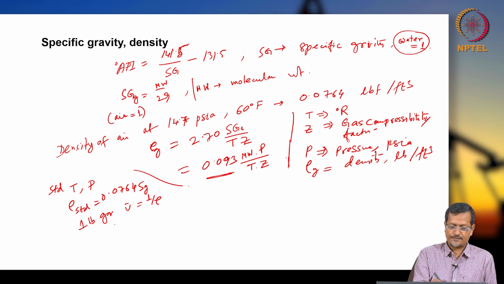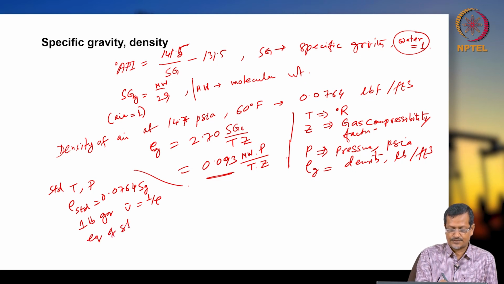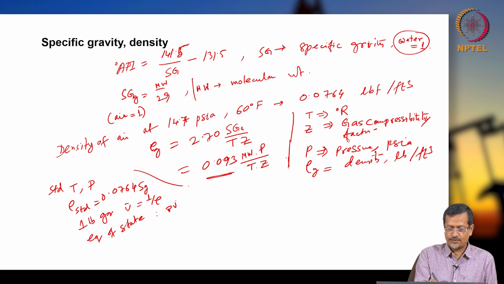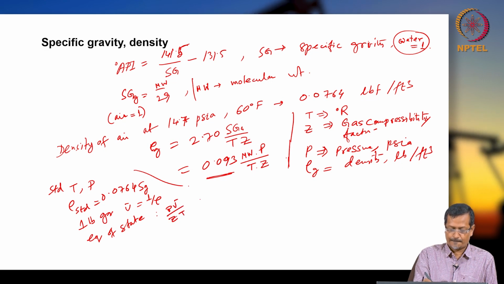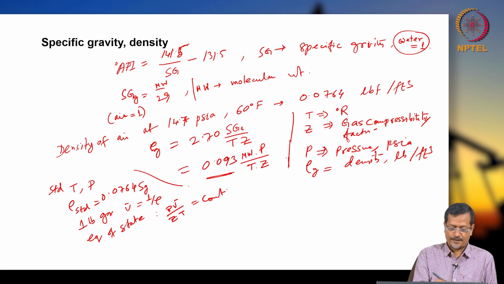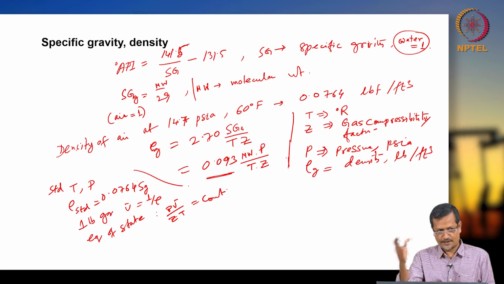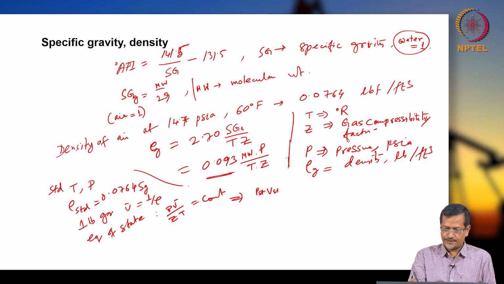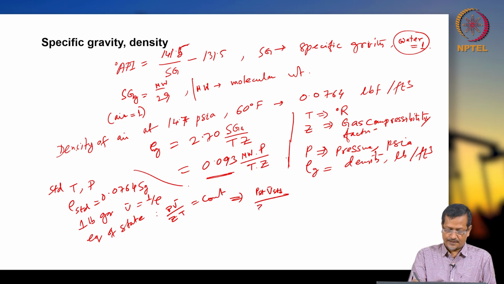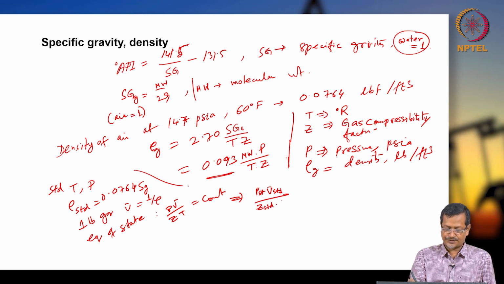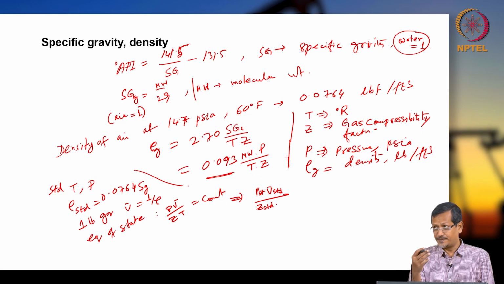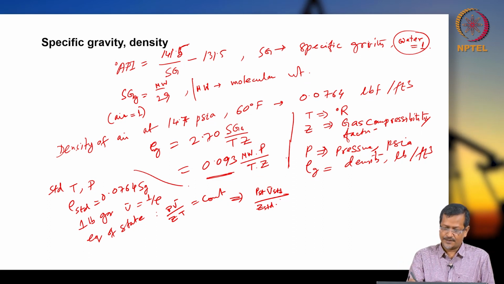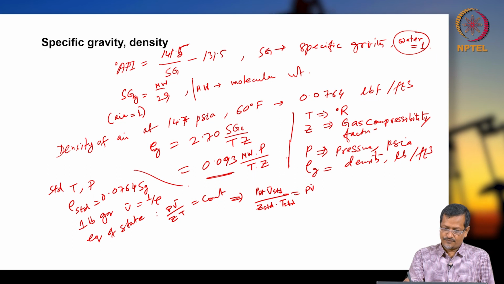The equation of state becomes PV bar by ZT equals constant. Now if we take standard condition and present condition: P standard, V standard, Z standard; the standard condition is 14.7 psia and 60 degrees Fahrenheit, and T standard is 520 degrees Rankine.